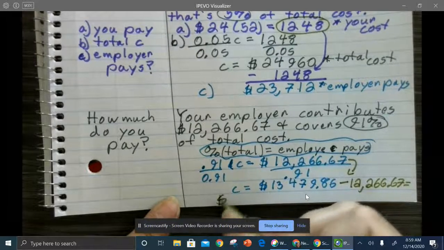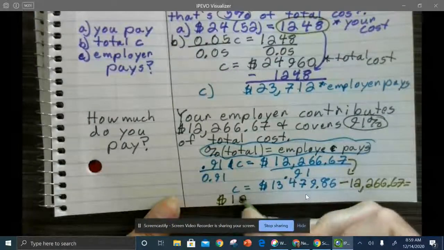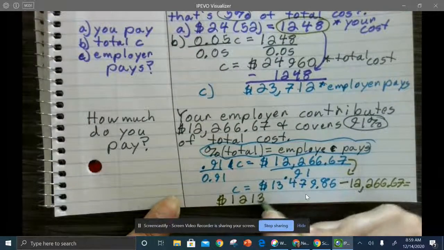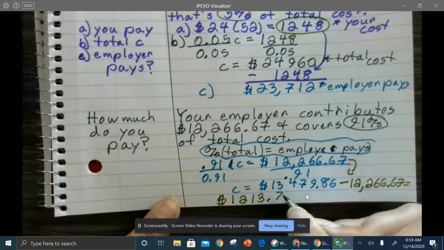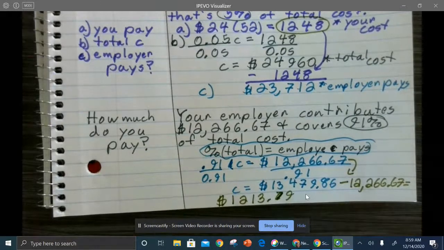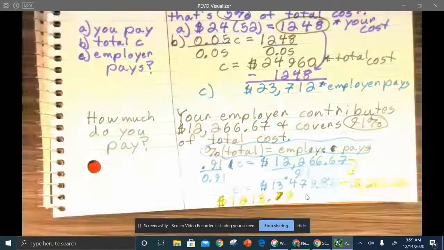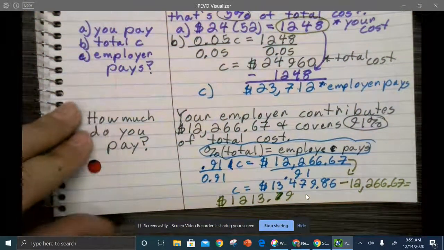So what you would pay would be $1,213.19. Okay, so that would be what they would pay. Okay, so I'll write that.